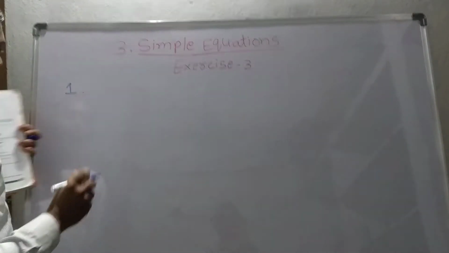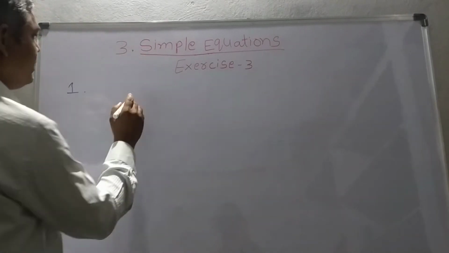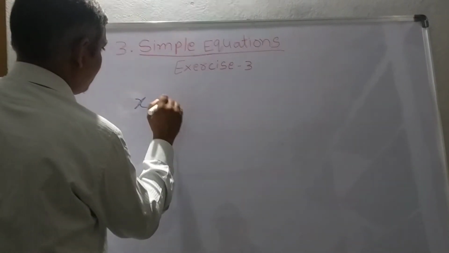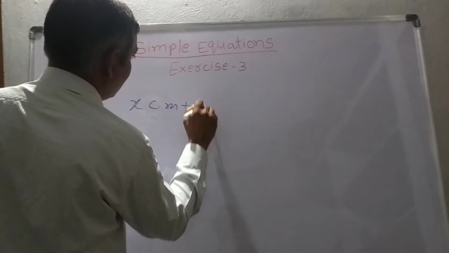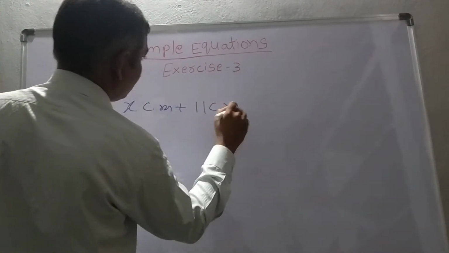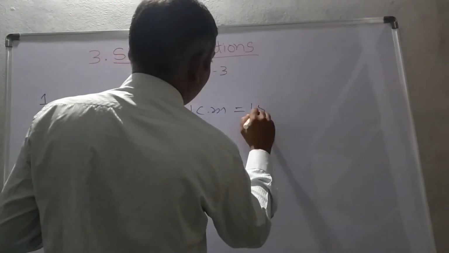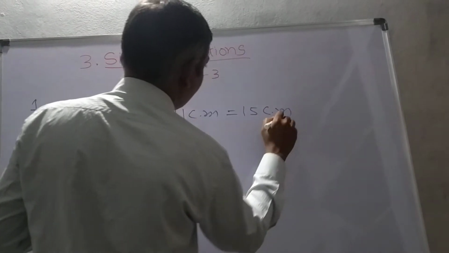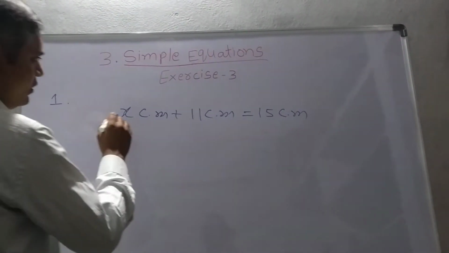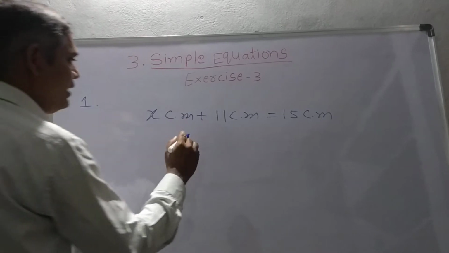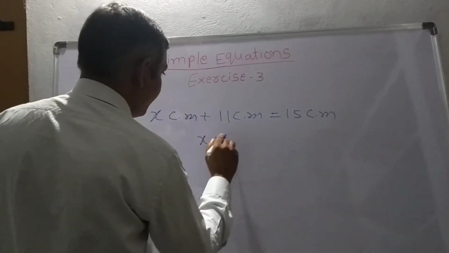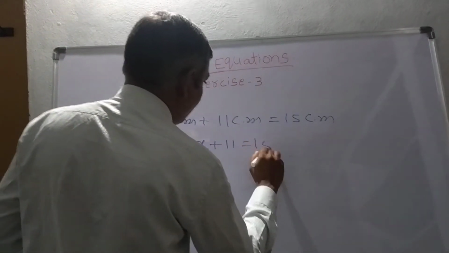Problem number 1. x centimeters plus 11 centimeters is equal to 15 centimeters. We can write this information in the form of an equation as x plus 11 is equal to 15.